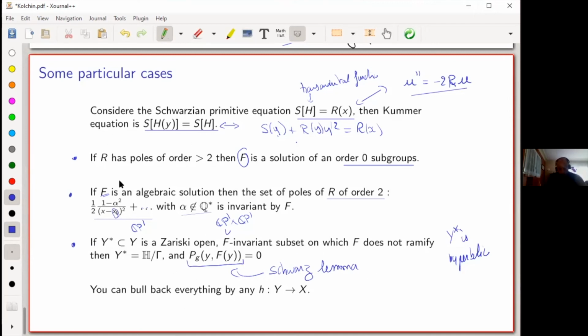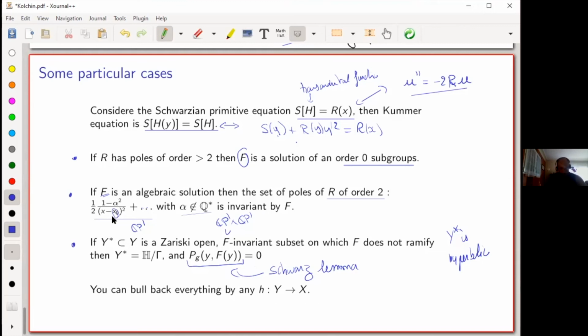Okay, then if you mix all this together, you have plenty of cases where you can conclude, because if the R you get has only poles of order bigger than 2, then you can exclude that. Then if all the ramification alphas here are irrational, then they are invariant, and then you find your group that is defining F. And now you have plenty of cases you can do, and you can also pull back everything.